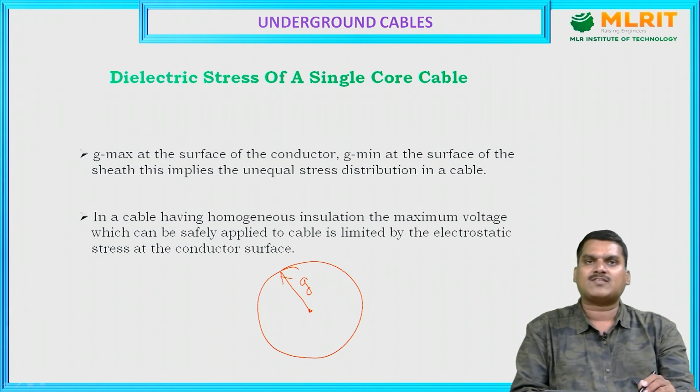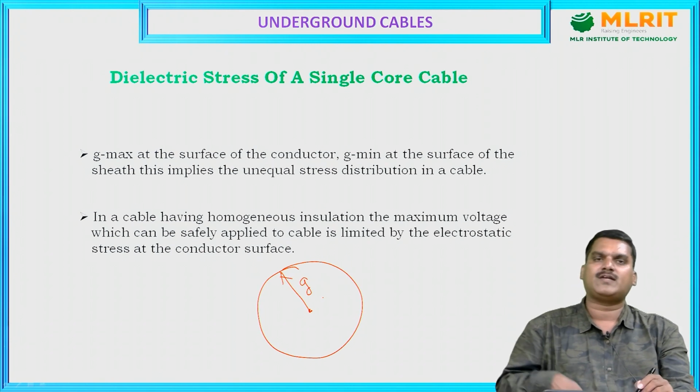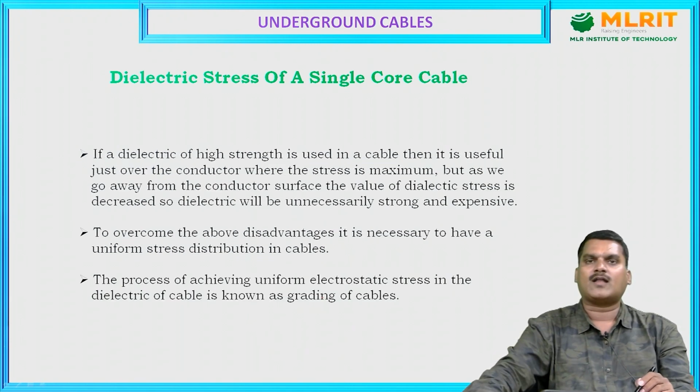This unequal stress distribution in the cable we need to make equal. In a cable having homogeneous insulation, the maximum voltage which can be safely applied is limited by the electrostatic stress at the conductor surface. So a uniform G value is needed within the underground cable.